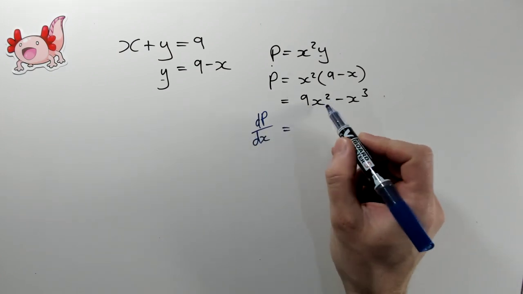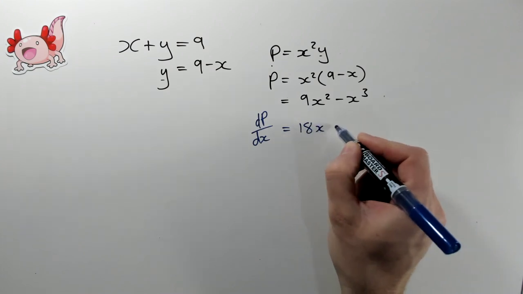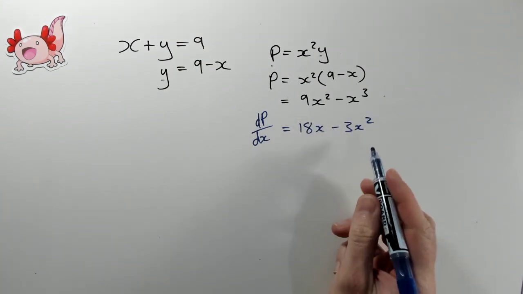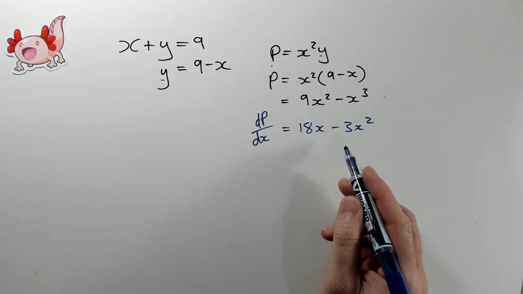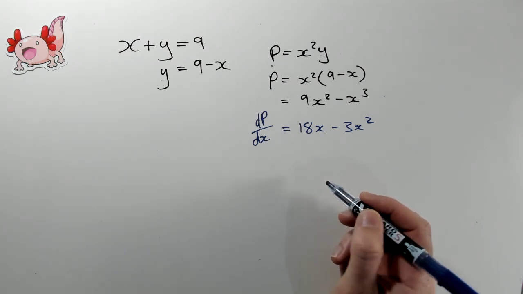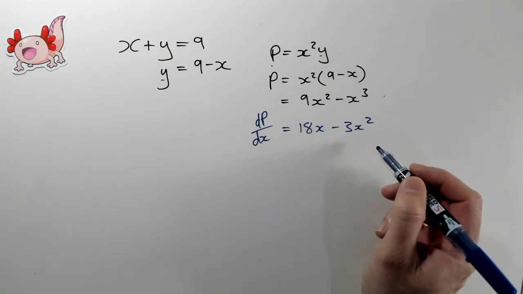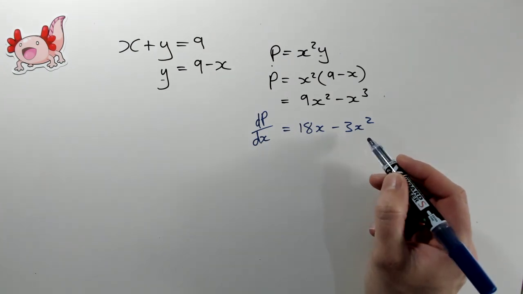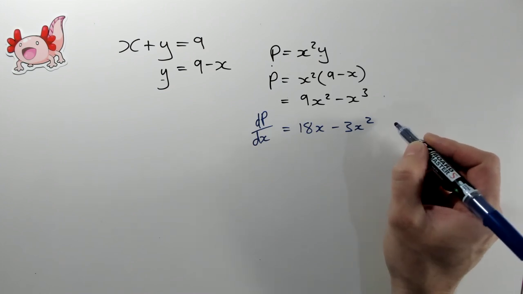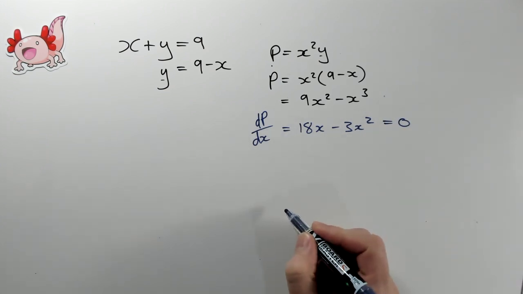Then just normal deriving. So I'm going to have 18x minus 3x squared. And this will need to be equal to 0 if I want to find a maximum value of p, since that would be a stationary point.